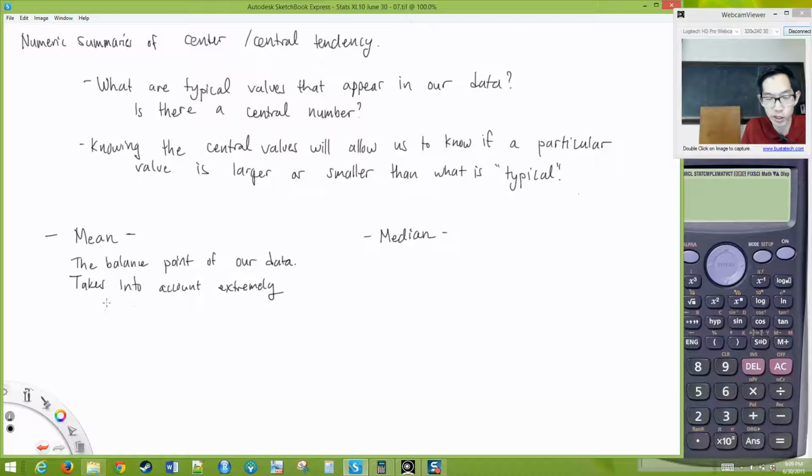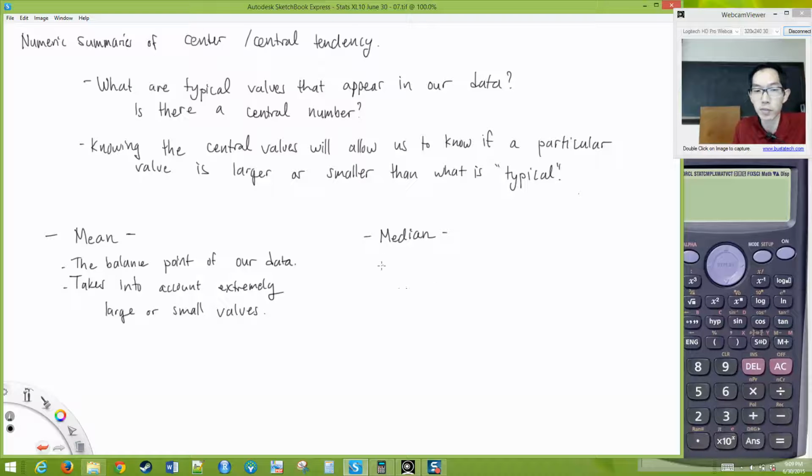So the mean takes into account these extreme values, and sometimes that's what we want. Sometimes that's not what we want.